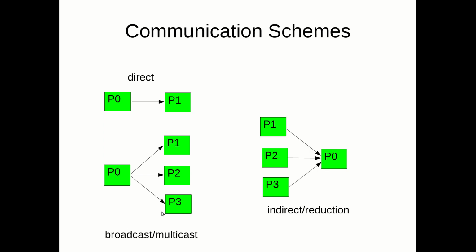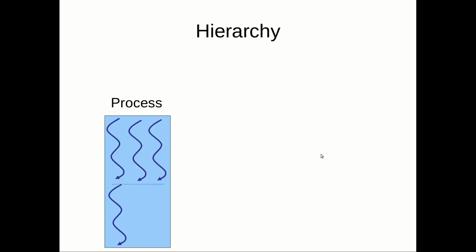And then there's the reverse operation, which we call indirect communication or reduction, where one processor collects partial results from all other processors. A typical example would be that processors 1, 2, and 3 did likelihood calculations on 1/3 of the alignment sites each, and now to compute the overall log likelihood, some processor needs to collect those partial likelihoods and compute the overall log likelihood score of the tree.